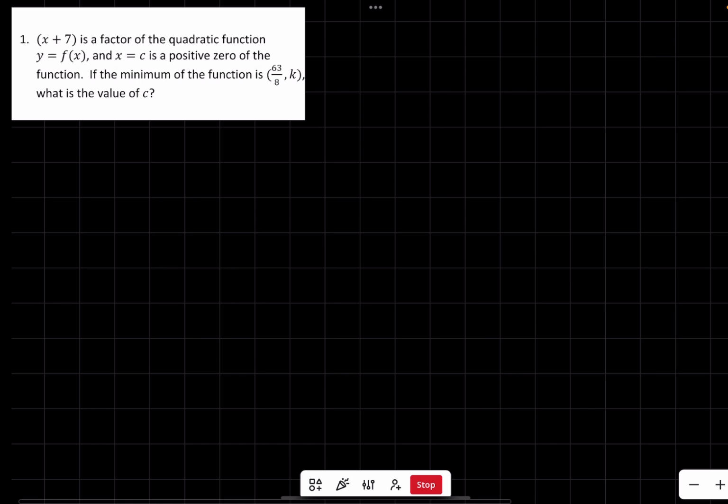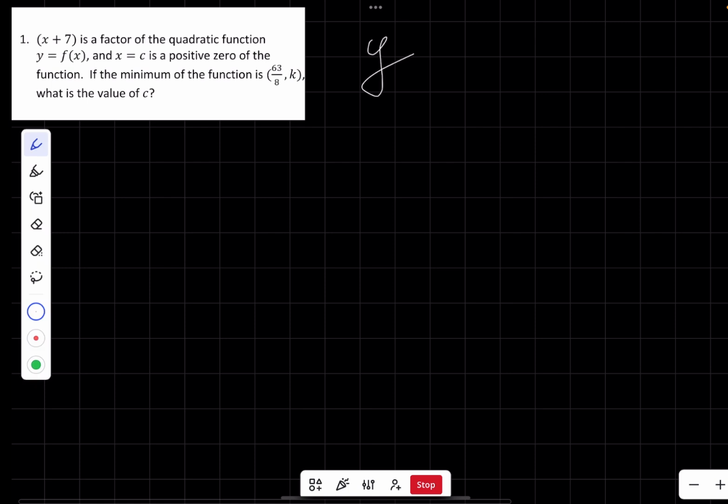So, x plus 7 is a factor of a quadratic function. The name of our function is y or f of x. Most of the students are kind of afraid here because f of x scares them. I mean, it's not something to be scared of because it is just a name of a function.